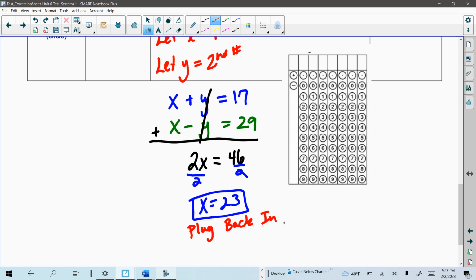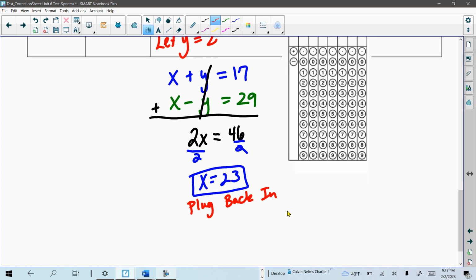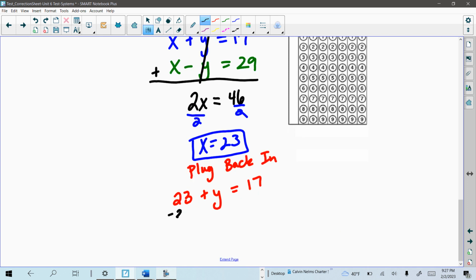Okay? I'm going to just plug it back into the first equation. That would be 23 plus y equals 17. Now to solve for y here, you're going to have to isolate the y term by subtracting 23 on both sides. So your y equals negative 6.